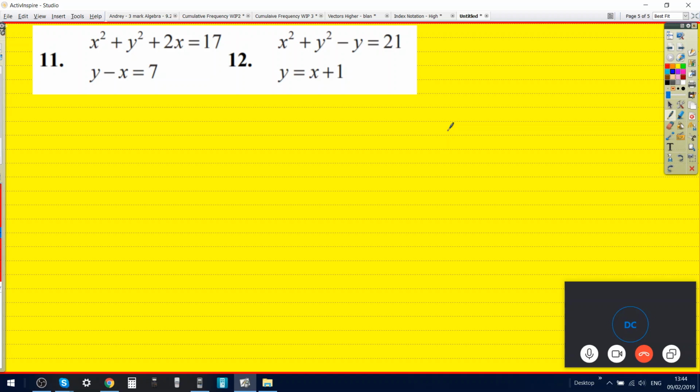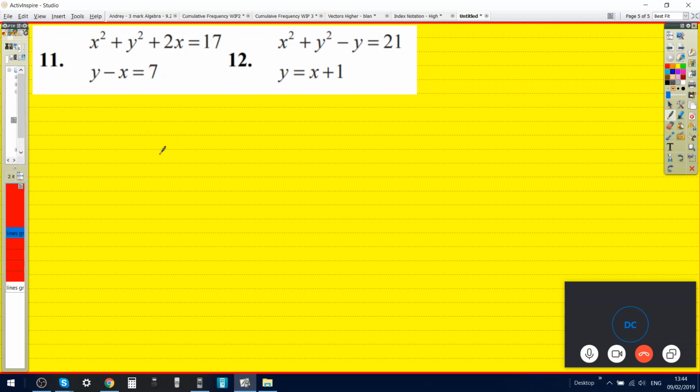So x squared plus y squared plus 2x equals 17, and y minus x equals 7. Can you do x squared plus y squared plus 2x equals 10 plus open brackets y minus x?